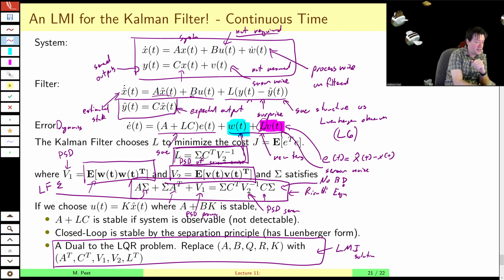Then the effect of the noise on the variance of the error is minimized, right? So it minimizes the power spectral density of the error signal. Right. Whether that's something you want to minimize or not, but that's what the Kalman filter does.